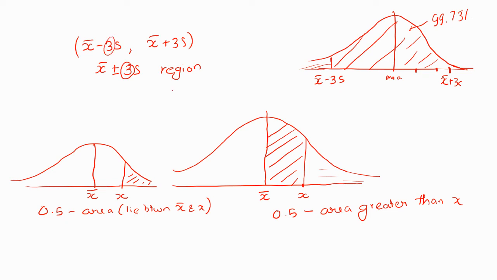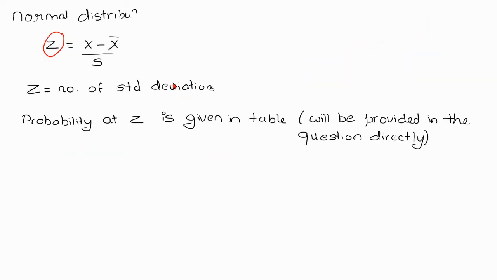So my value for z must lie between minus 3 to 3. I had said that this three has a very important value in the normal distribution, because my z value should lie between minus 3 to 3. So that is the number of standard deviations.